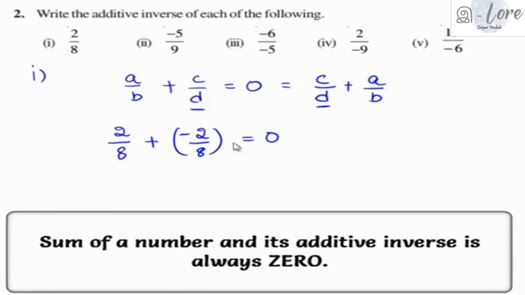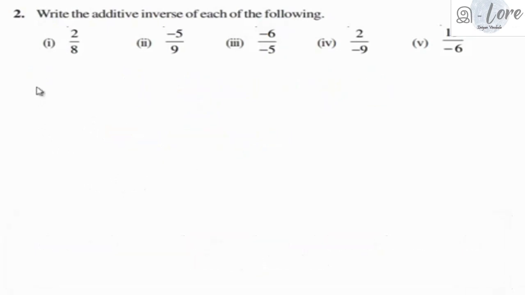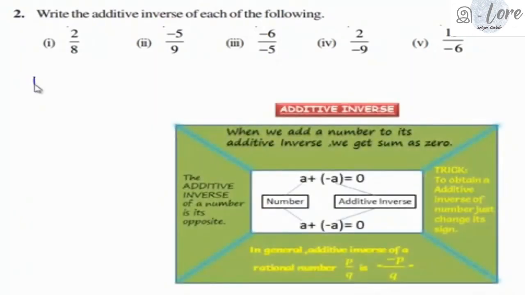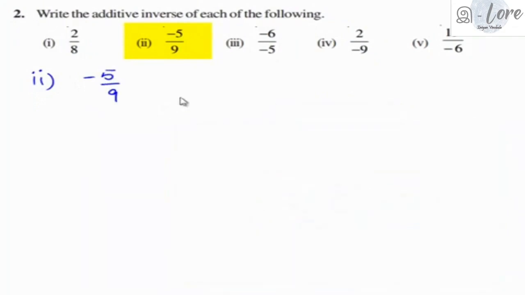So the additive inverse is nothing but just changing the sign of the given number. Now we'll go for the second question: the additive inverse of minus 5 by 9.